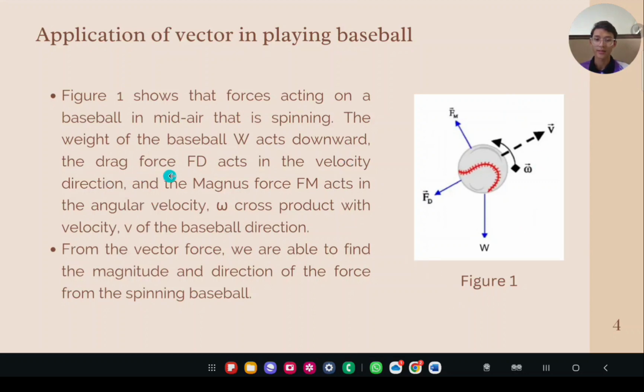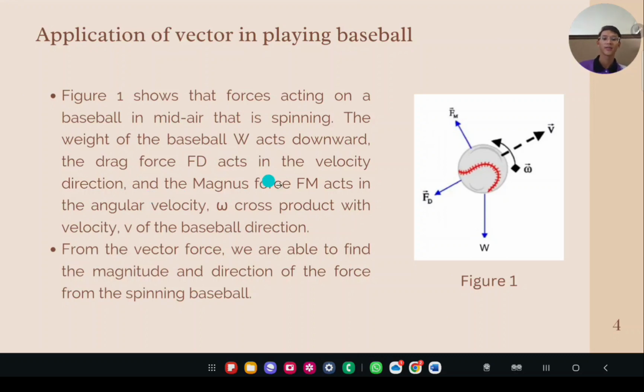The drag force Fd acts opposite to the velocity direction. So this is the velocity, and also we can call it the direction of the baseball, so its opposite will be the drag force because of the air resistance.